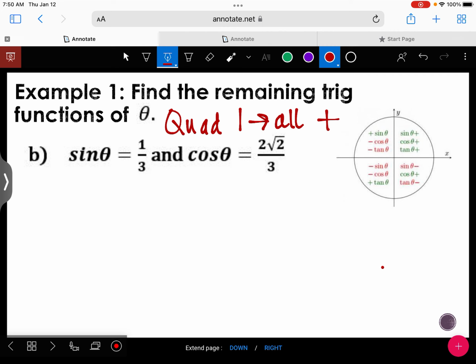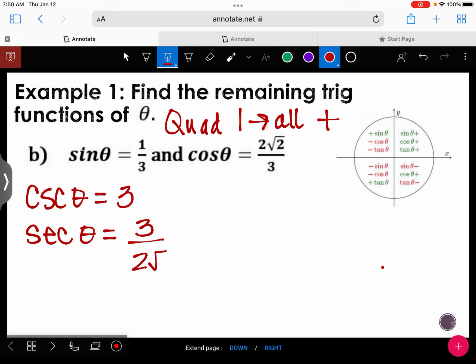Okay, who has 4 answers? All right, let's go through them together. All right, so cosecant is the reciprocal of sine, so that one's pretty easy. So when we flip 1 over 3, we just get 3. And then for our secant, we have 3 over 2 root 2.